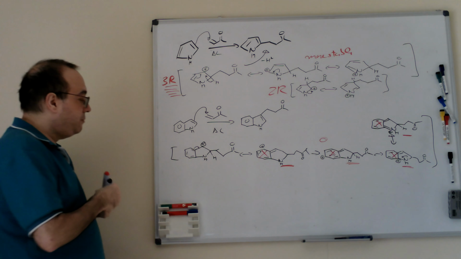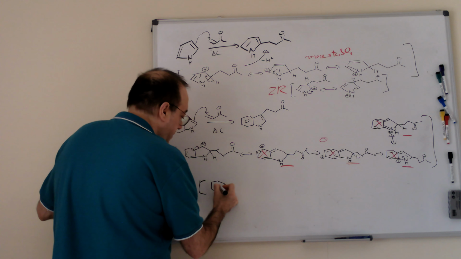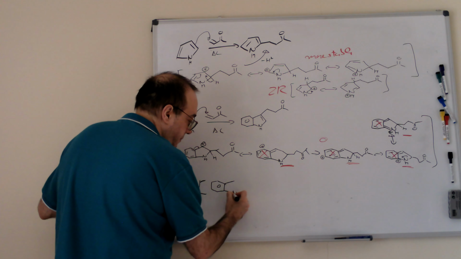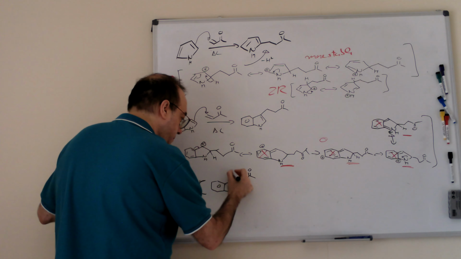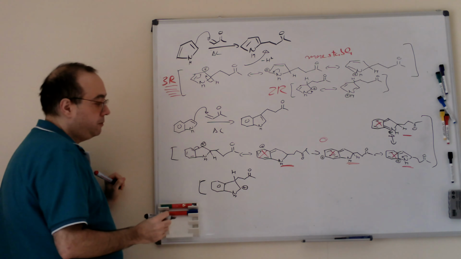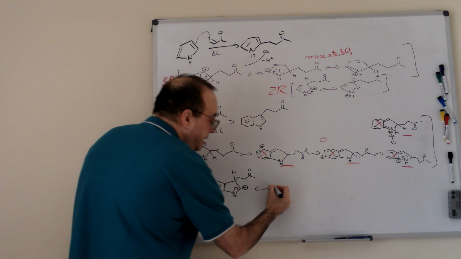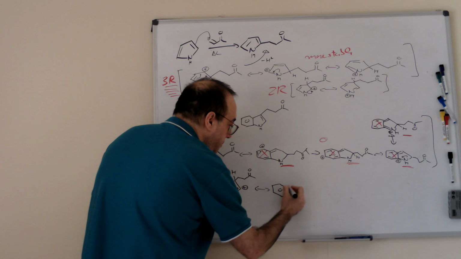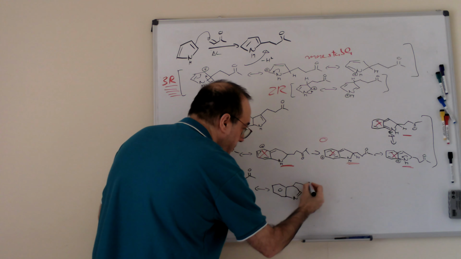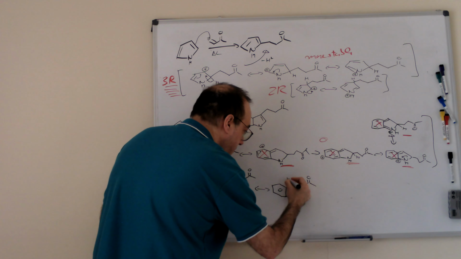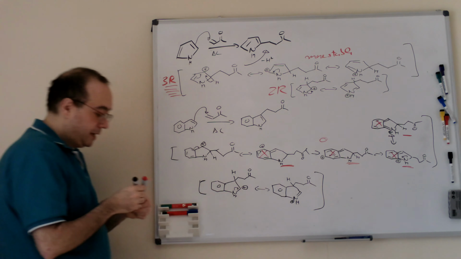What happens if we are doing it at C3? Well, at C3 we can do exactly the same that we did before. One resonant form, and then we can stabilize this with the pair of electrons of the nitrogen, and we get this resonant form.